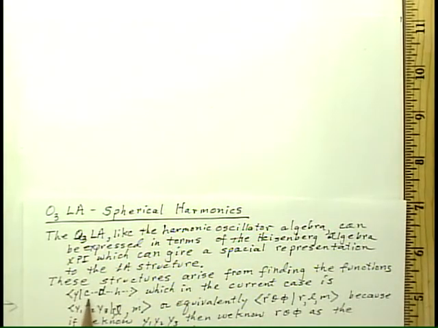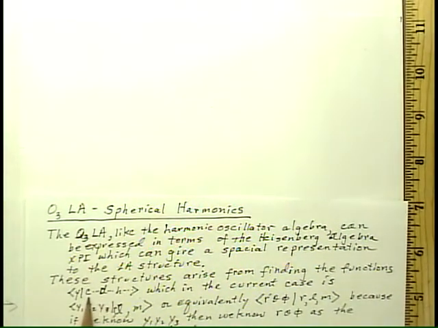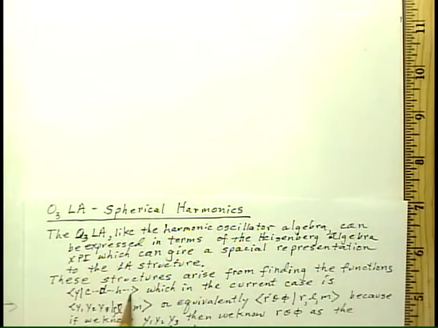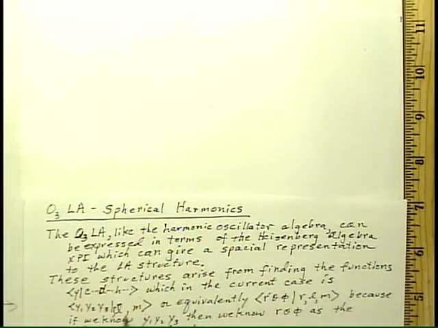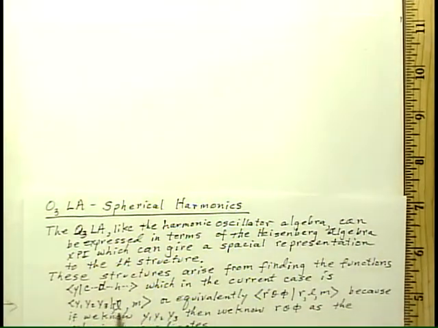eigenvalues, projected onto the Casimir operators, the d operators, and the h eigenvalues, which in the current case is an r, l, and m, where l and m are like j and m, for the orbital angular momenta and its z component, and where y1, y2, and y3 are the eigenvalues of x, y, and z.